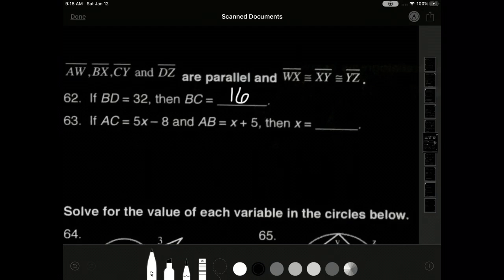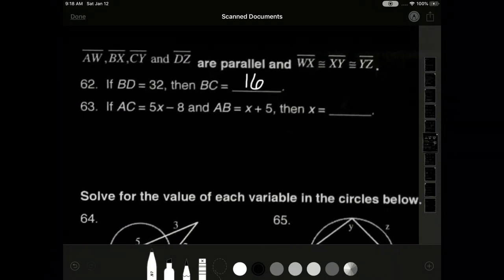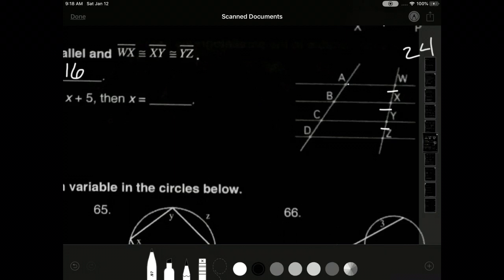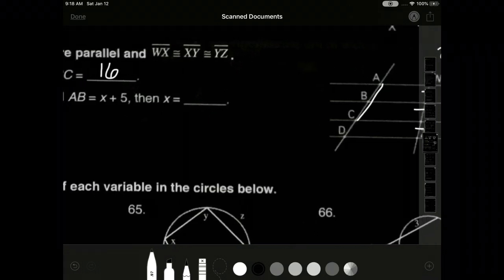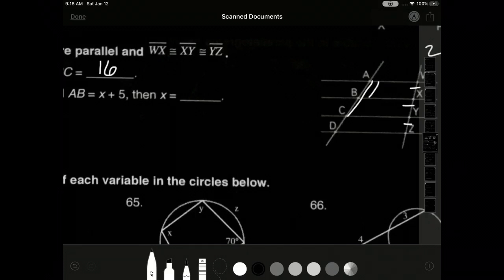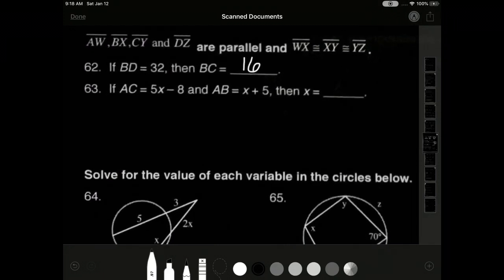Then you're told, let me clear my picture here, AC is 5x minus 8, AB is x plus 5. So AC, the longer one here, is 5x minus 8. AB, half of that, is x plus 5. So we can times AB by 2 and get the length of AC.